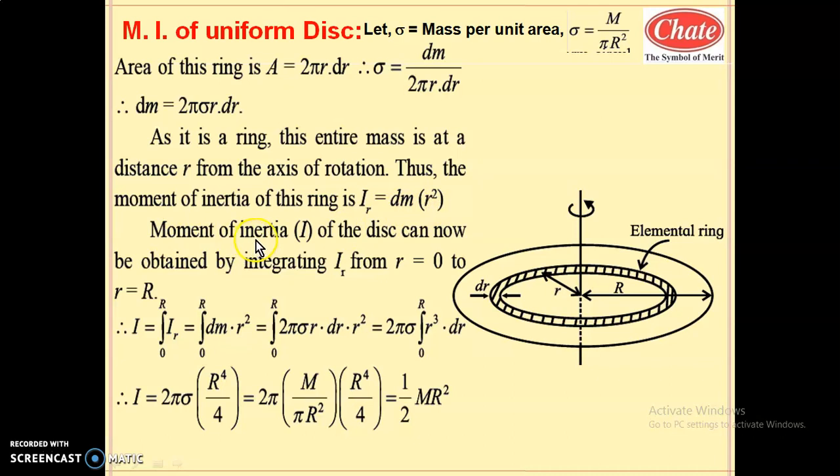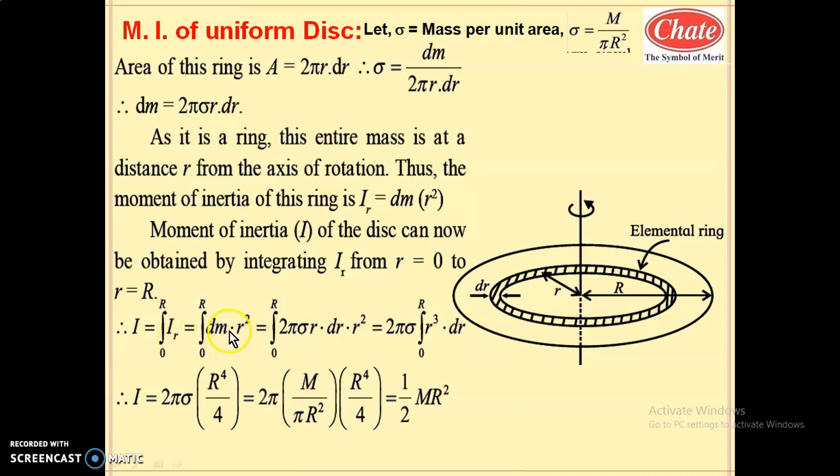Now the total moment of inertia I of the disk can be obtained by integrating this IR from r equal to 0 to r equal to capital R. This is the concept of definite integration. So I for the disk is the integration from 0 to capital R of I of the ring, so the integration from 0 to capital R of dm into r square, that is the value of IR.